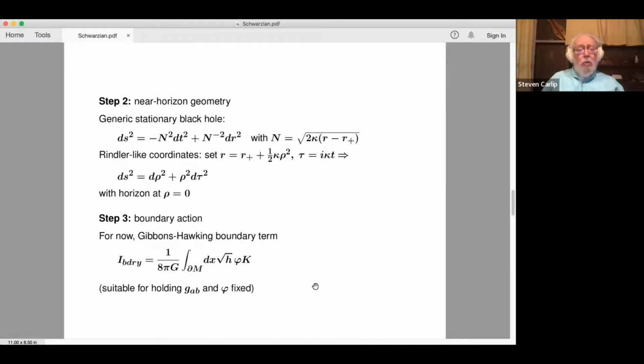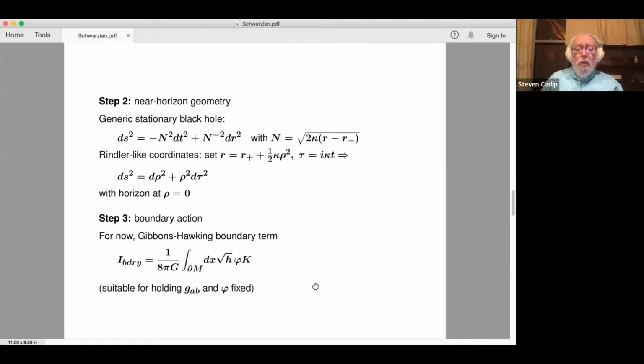Again, this result goes back to the 1970s, and there is a standard boundary term, the Gibbons-Hawking boundary term, which for this case looks like the integral of phi, the dilaton, times k, the mean curvature, the extrinsic curvature of the boundary.